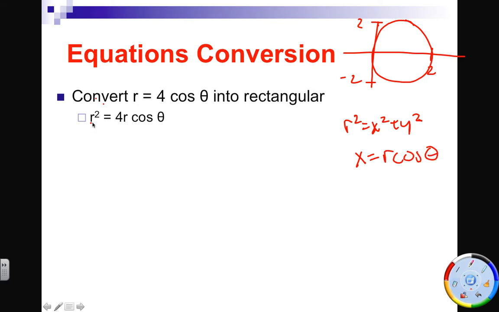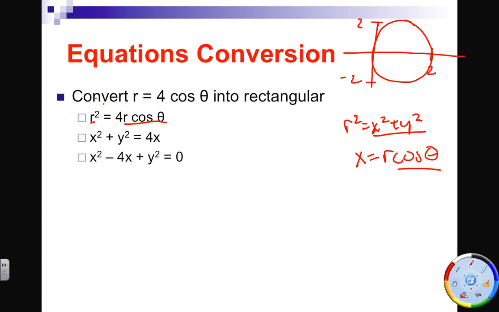Well, I have an r squared that I can replace, and I have an r cosine theta that I can replace. So I'm going to do that. So I have x squared plus y squared equals 4x, which is not exactly finished. Yes, that is a rectangular equation, but it doesn't really tell me what the graph is. It kind of makes me think it's a circle.